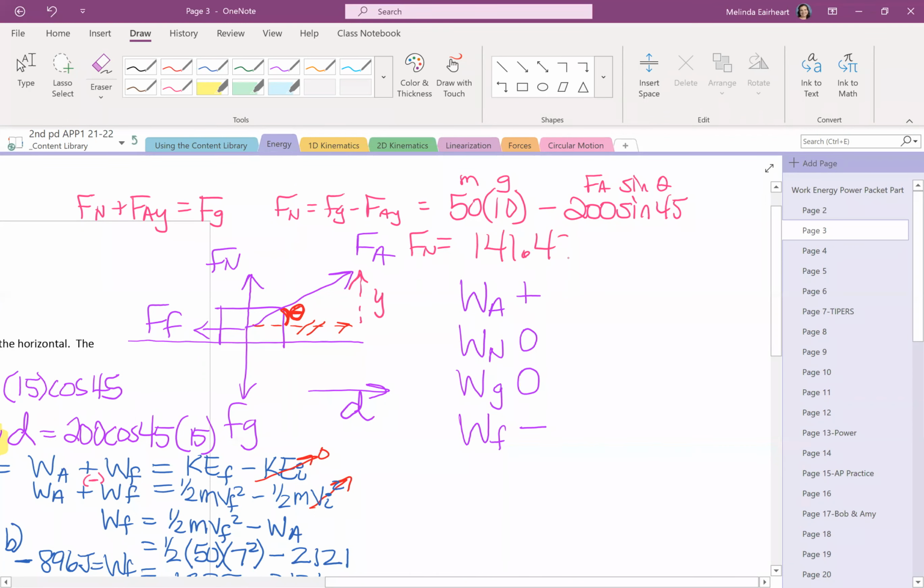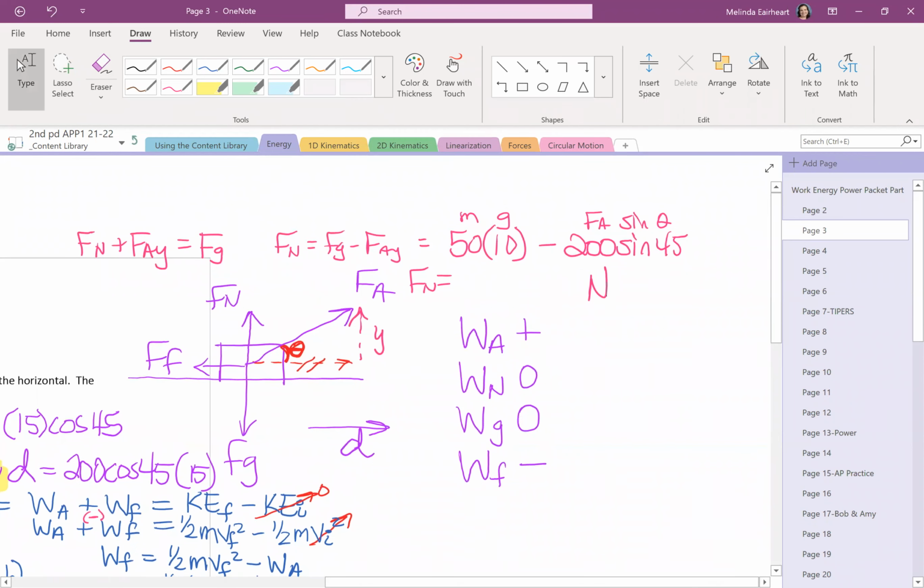We all get that? Just as a double check. I don't remember what it should be. Oh, 200. Oh, okay. So now 500 minus that number. That one was 141.